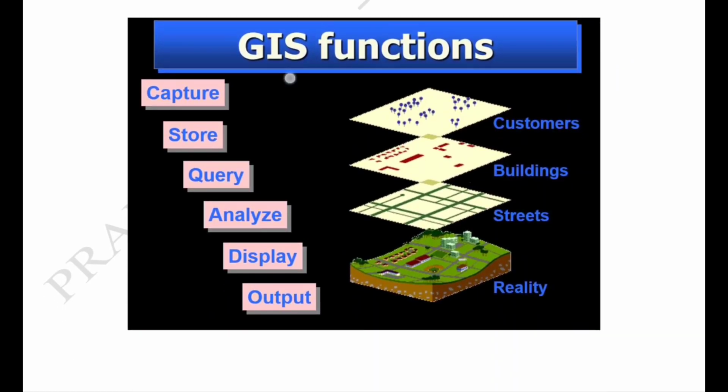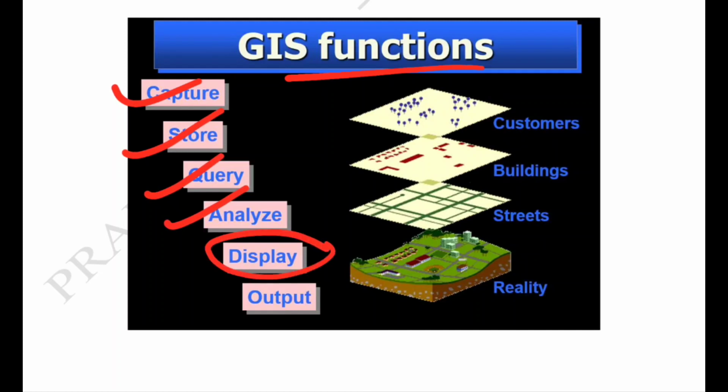Now, what are the functions of GIS? As we have already known, it captures the data, then stores it, and we can query on that data, we can analyze, and it also displays, because it has a monitor and other output units.